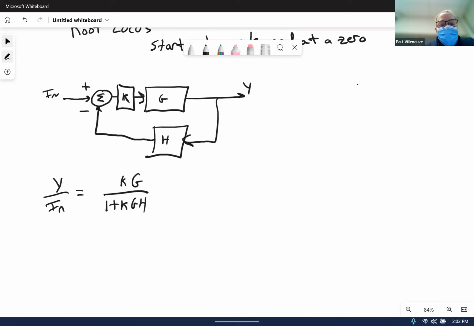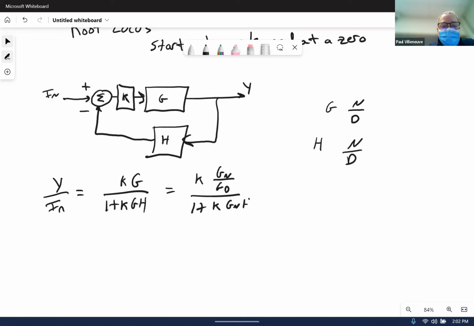Okay. So if we look at this and we recall that our G has a numerator and a denominator, and our H has a numerator and a denominator, then we'll go ahead and rewrite this as GN over GD all over 1 plus K GN HN over GD HD.